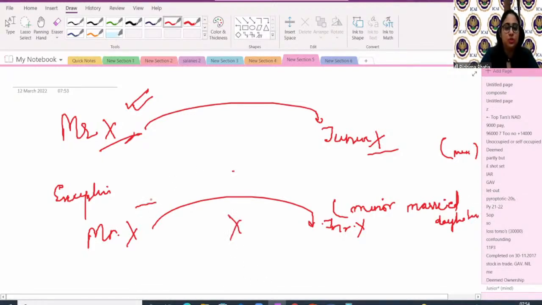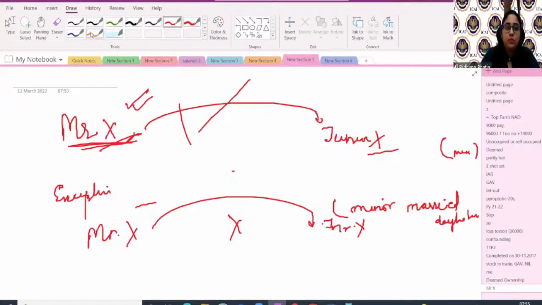This is an exception. So if a person transfers the house property to a minor child who is a minor married daughter without adequate consideration, then deeming provisions would not be applicable. But if a person transfers the property to a minor child other than a minor married daughter, then deeming provisions would be applicable, and Mr. X would be the deemed owner.